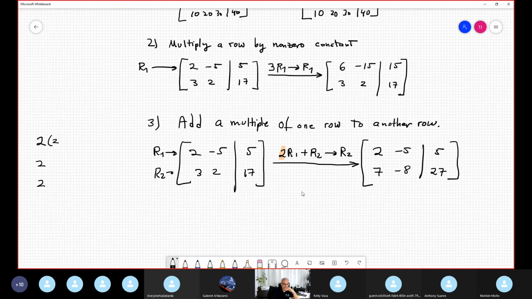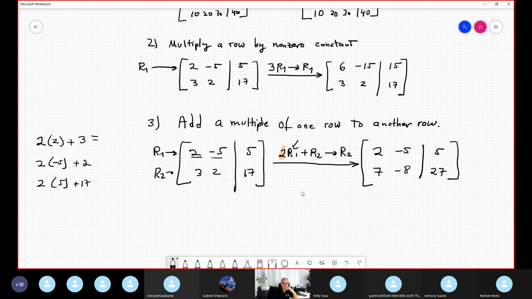We have 2 times this 2, negative 5 times this, and positive 5. This is row 1, this guy, plus row 2, which is 3, and the corresponding column, guys, 2, and 17.